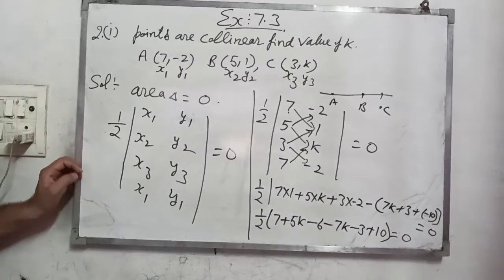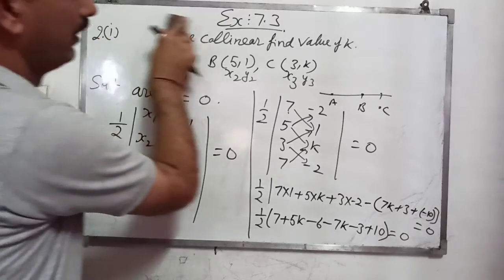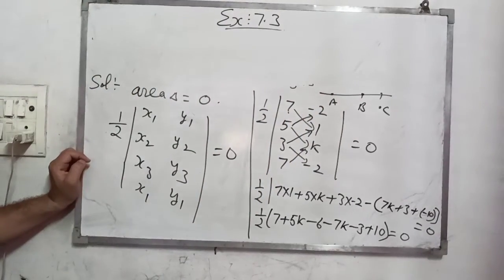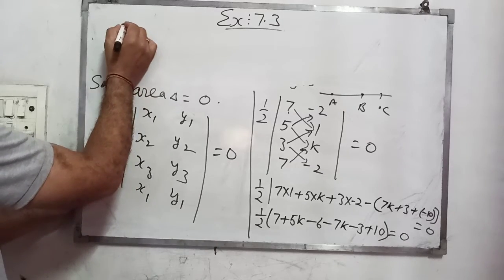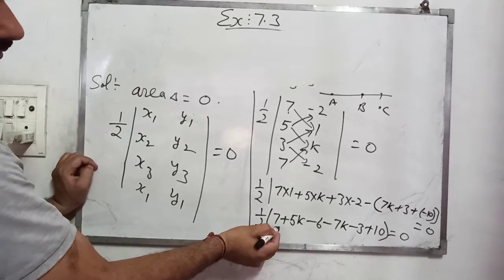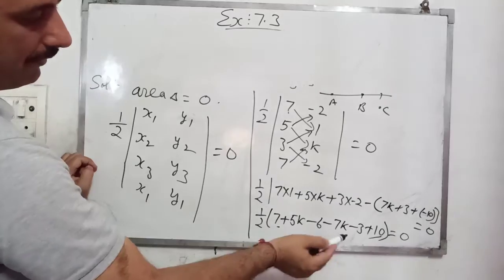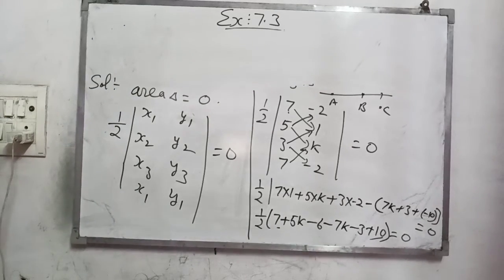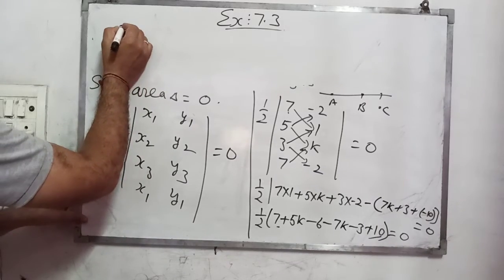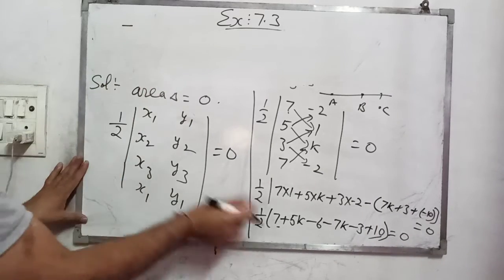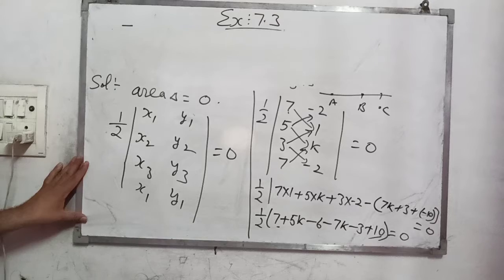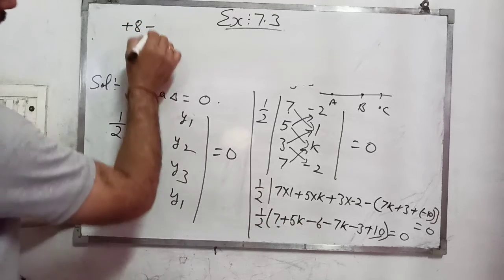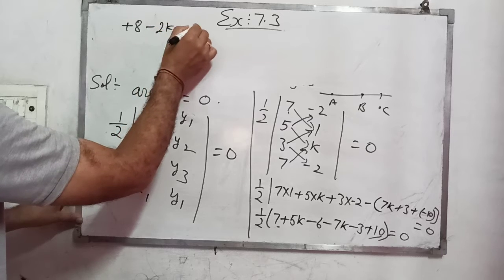So you get 7 plus 10 is 17, 17 minus 9 you get 8, and minus 2k equals 0 into 2.